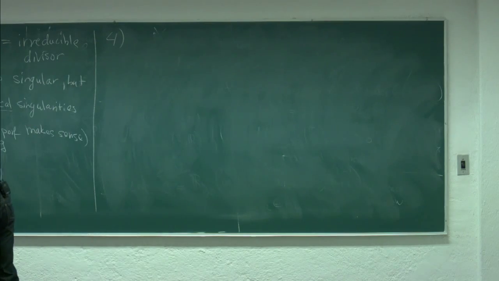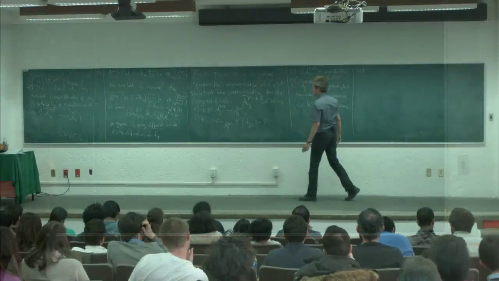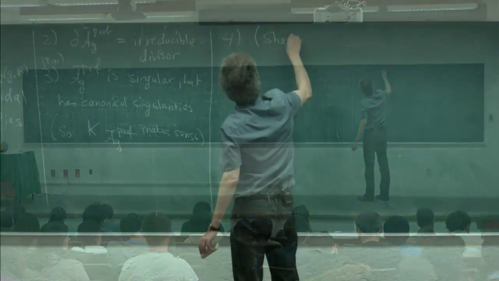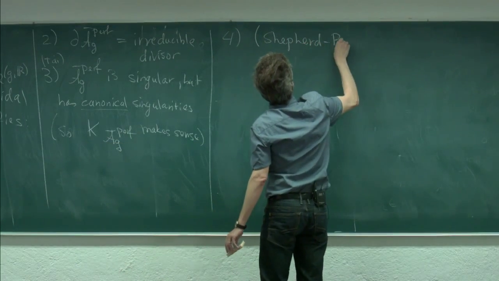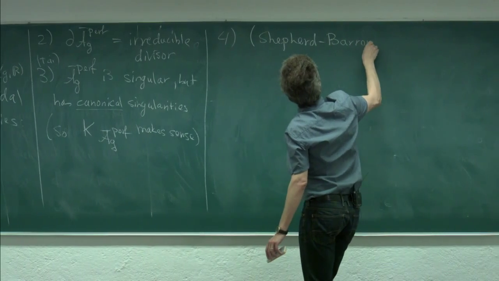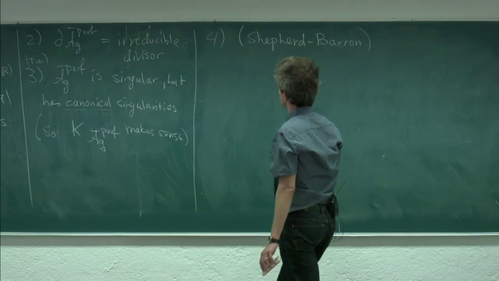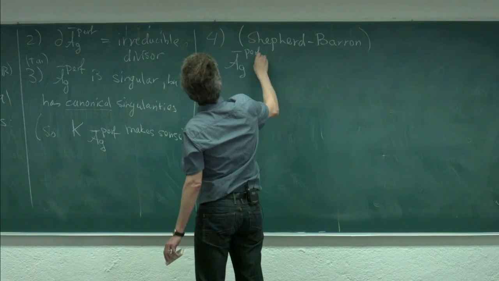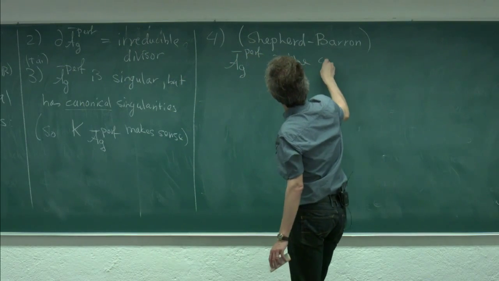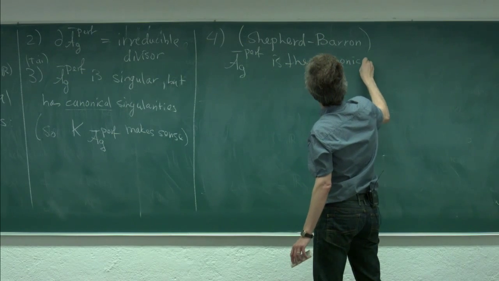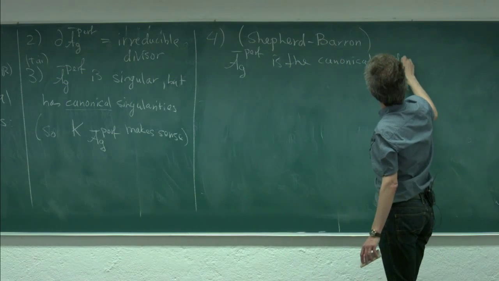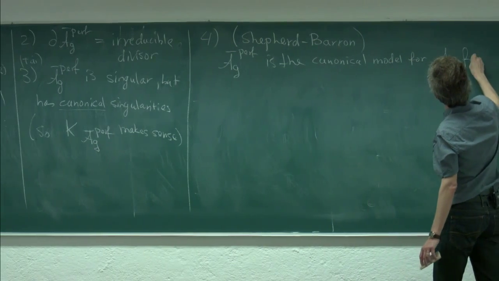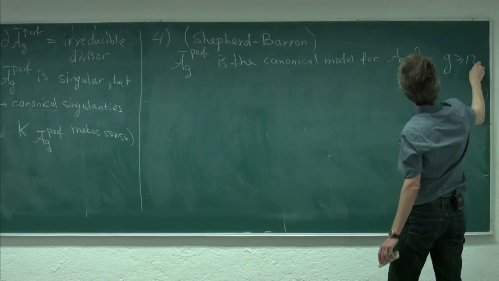So this is, by the way, a theorem of Tye, later corrected by Shepard-Barron. This is a theorem of Shepard-Barron, which says that AG perf is the canonical model for AG for G at least 12.